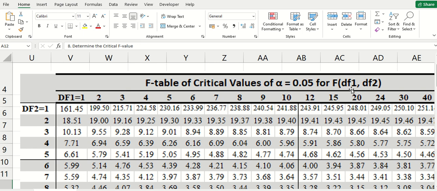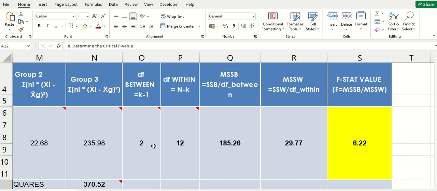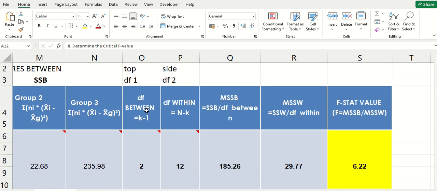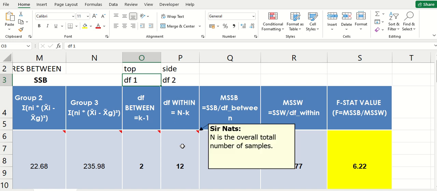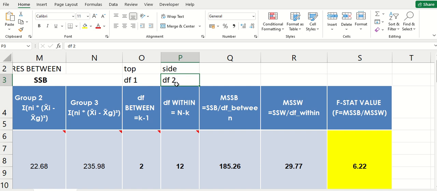And we should have the degree of freedom 1 and the degree of freedom 2. How do we know whether the degree of freedom between is number 1 or the degree of freedom within is number 2? So I have put there already. The degree of freedom between is your degree of freedom number 1, while the degree of freedom within is the degree of freedom number 2.